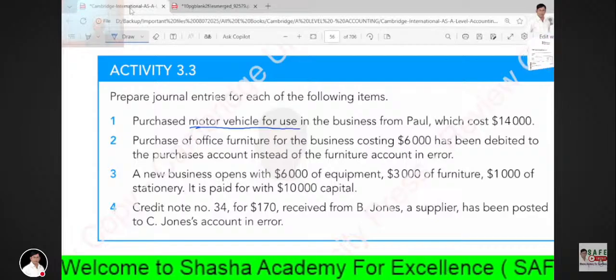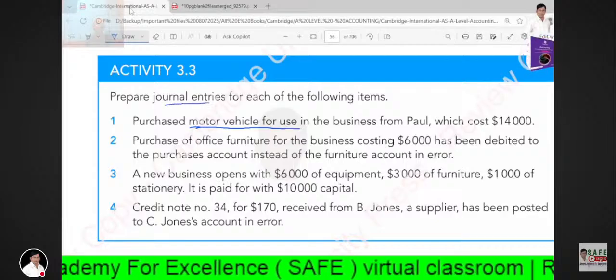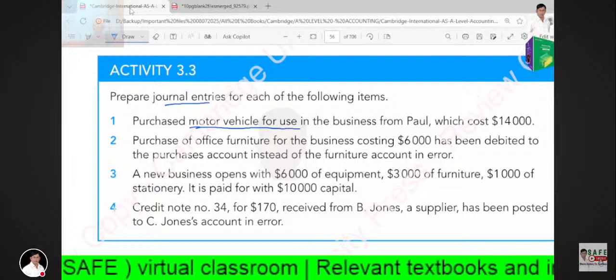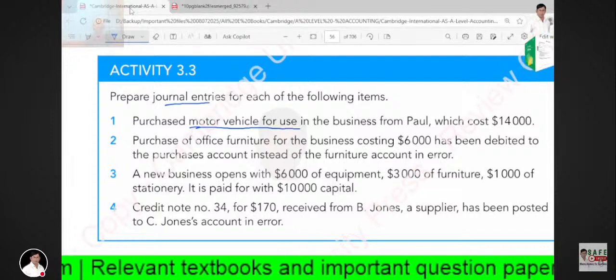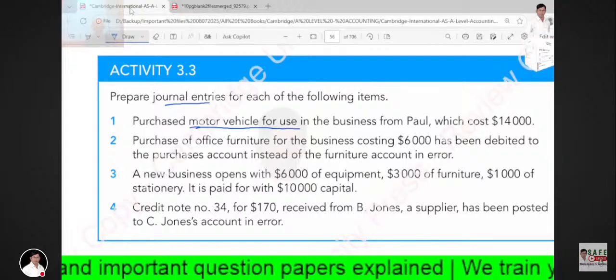So why has it come in journal entries here? Because this entry will not go to any of the subsidiary books, or books of prime entry.